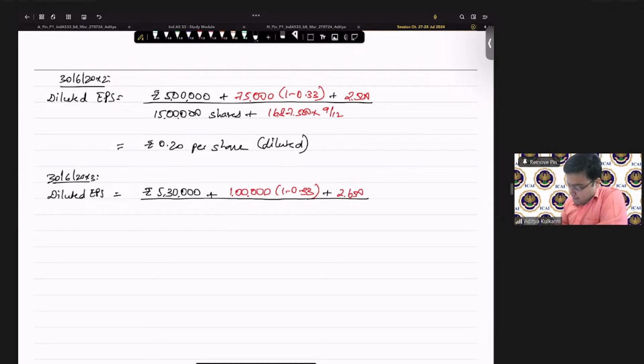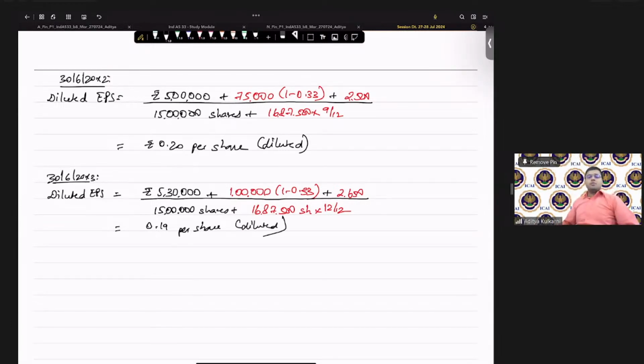So divided by 15 lakh shares plus 1687,500 into 12 by 12. So this comes to 0.19 per share. Compared to 35 or 33 paise, this is also diluted. So you will report this as your diluted shares. Are we okay with this? Yes? Any doubts?